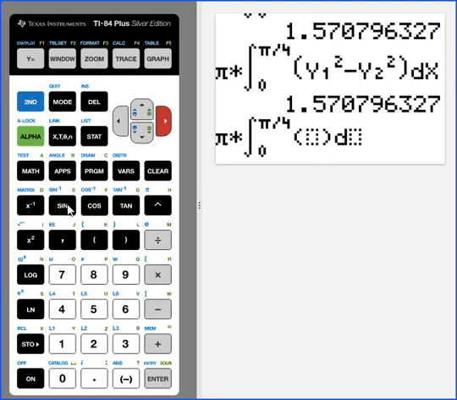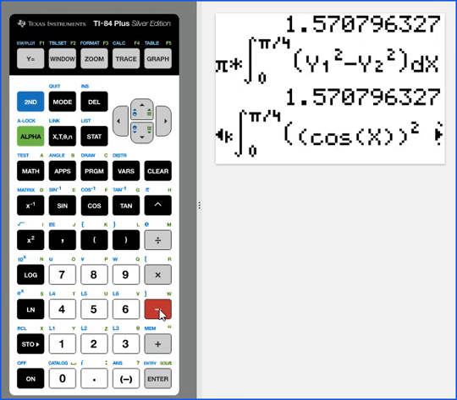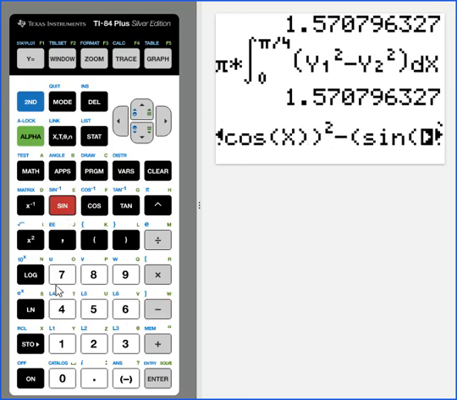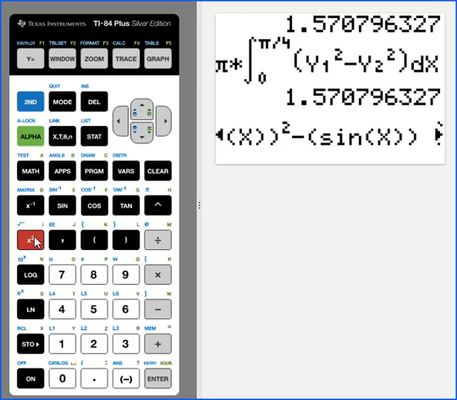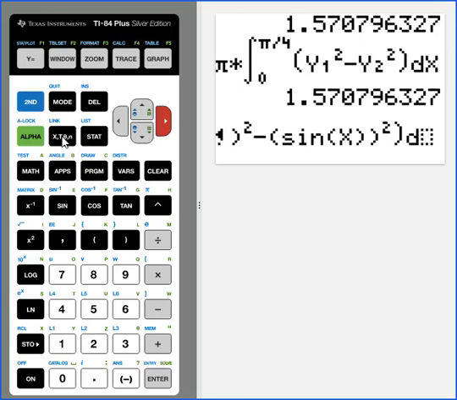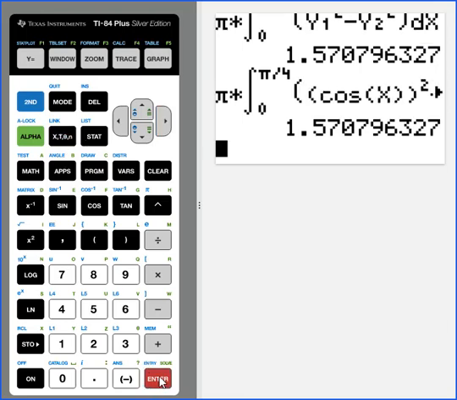Here you have to use a parenthesis, cosine x, then parenthesis again, then square. Then minus parenthesis, sine x, parenthesis back, another parenthesis, square. Then put the x, then enter.